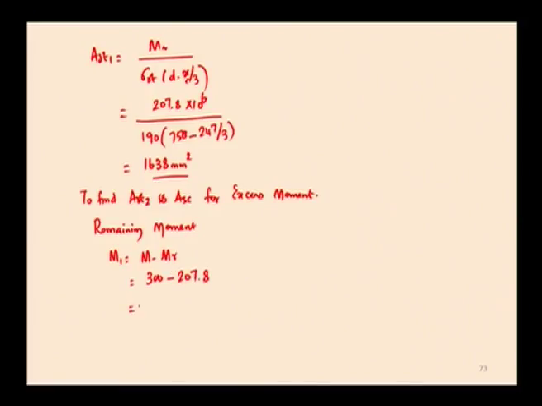For this excess moment, we are going to design AST2 and ASC, since it is a doubly reinforced section. That is 90.2 kilonewton meter.